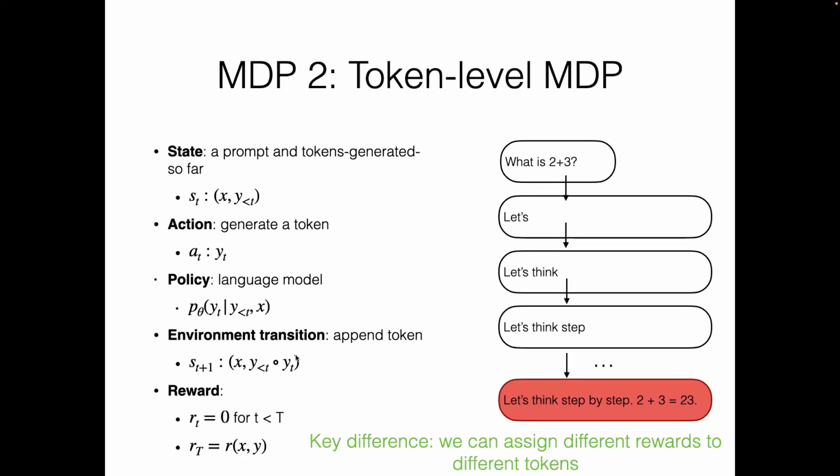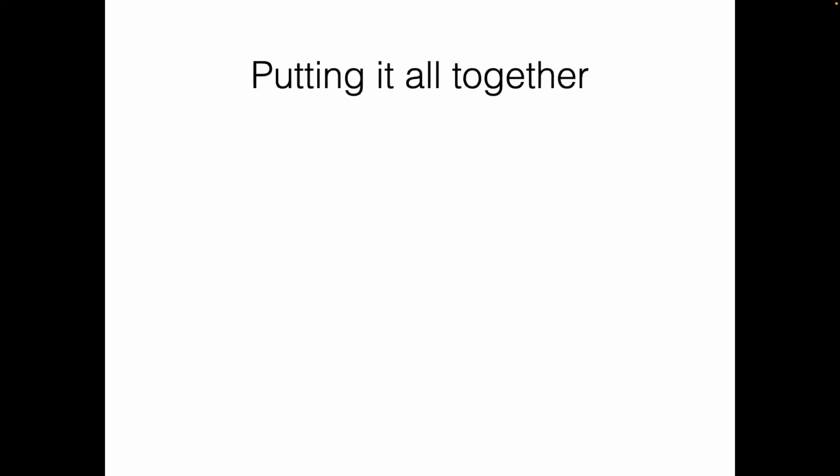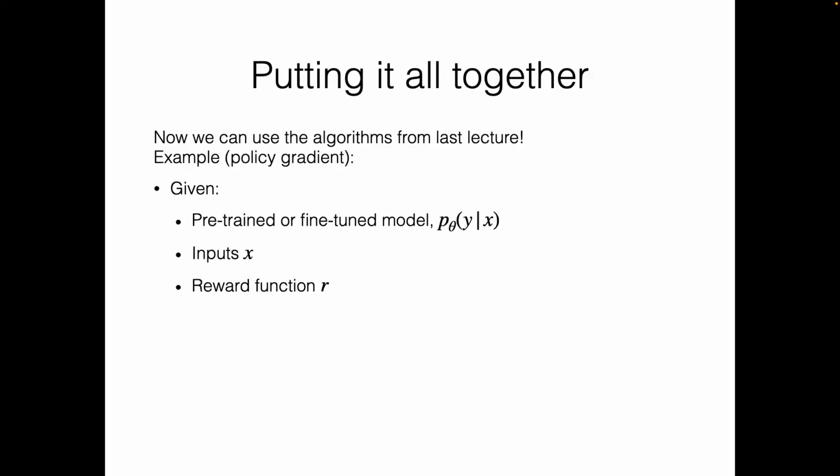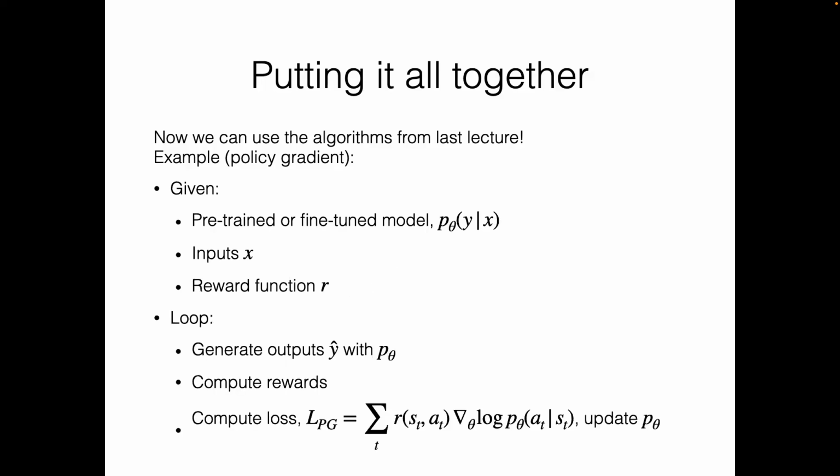Okay, but nevertheless, now we have this MDP, and so we can basically use the algorithms that we introduced from last lecture. So as a review, let's look at how policy gradient would work. First we'd be given some pre-trained language model or some fine-tuned language model. And then we assume that we have some data set of inputs, like prompts, and some reward function.